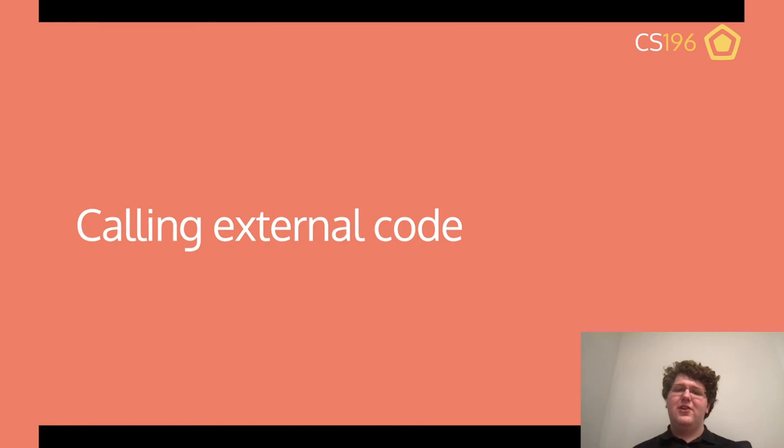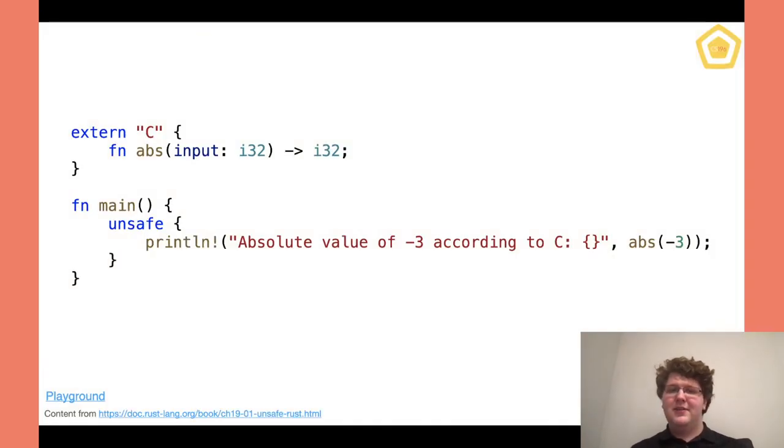So let's talk about calling external code now that we've talked a little bit about memory. Here's an example of us trying to call some C code. This first part says there's an external function that the Rust linker has connected to our code.